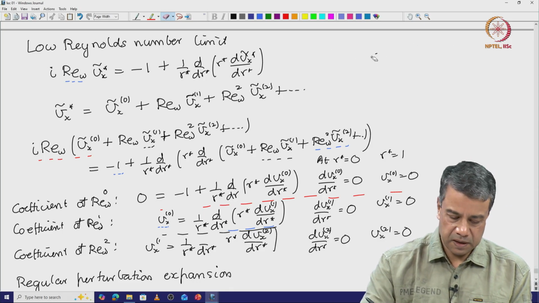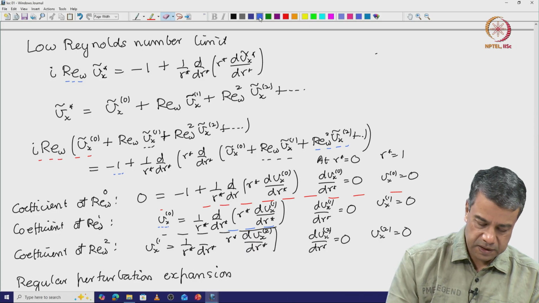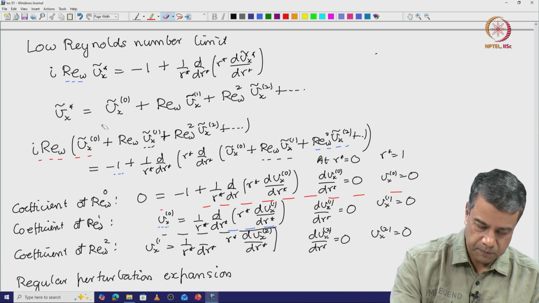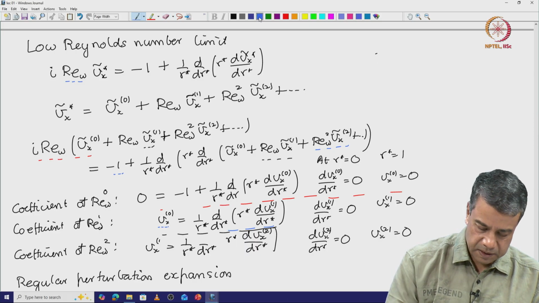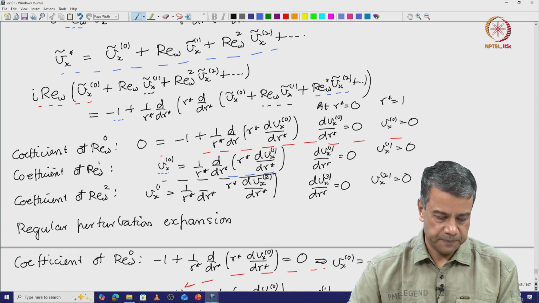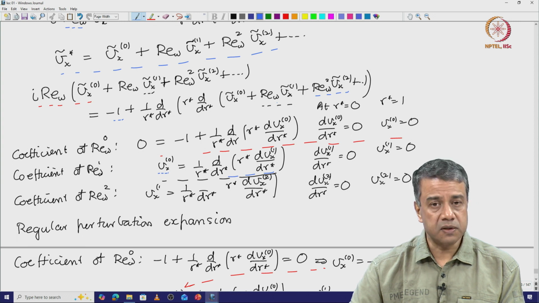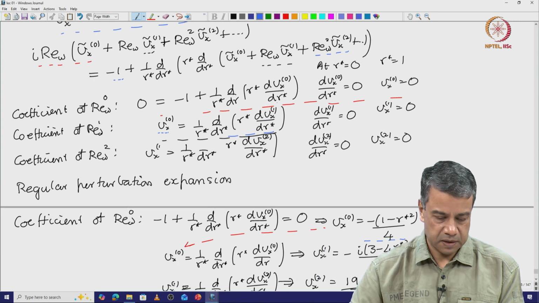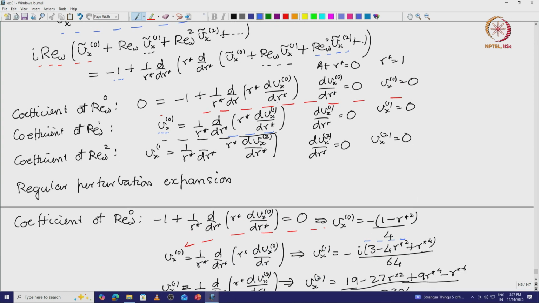So, we had expanded the velocity field in a series in Re omega, and then substituted that into the governing equation and collected coefficients of equal orders in Re omega. First, we collected what happens if you set Re omega equal to 0.